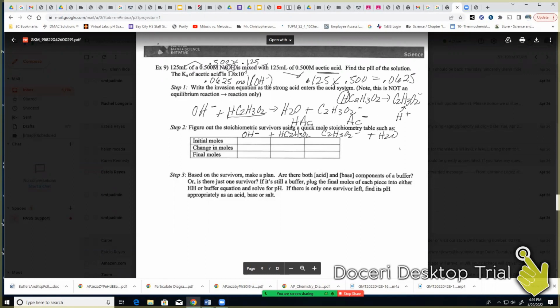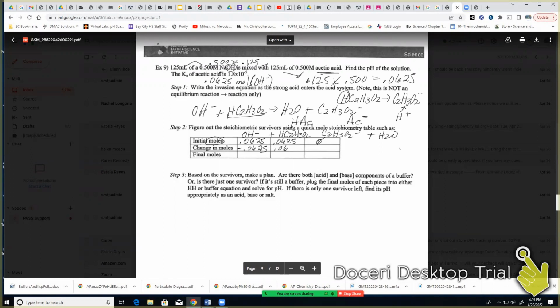All right, so we start off with 0.0625 moles of this, and right now we're working in moles. And then we had our acetic acid, that also happened to be 0.0625. At that point, we didn't have any of our conjugate. So my hydroxide and my acetic acid are both going to decrease.